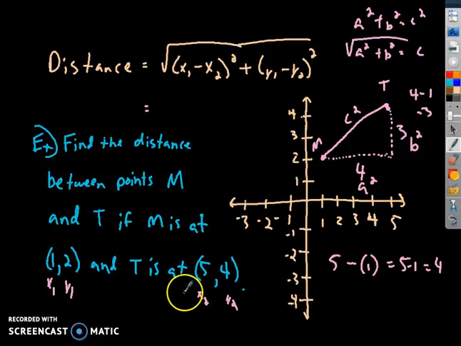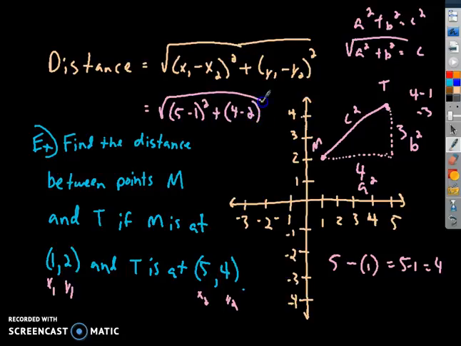So you'll take 5 subtract 1, and that'll be the square root of 5 subtract 1 squared plus 4 subtract 2 squared, and you'll wind up having the correct answer. So the square root of 4 squared plus 2 squared, square root of 16 and 4, that's 20. Square root of 20.